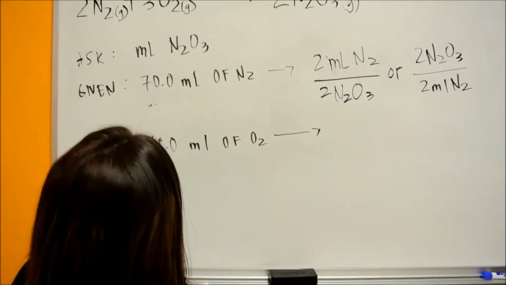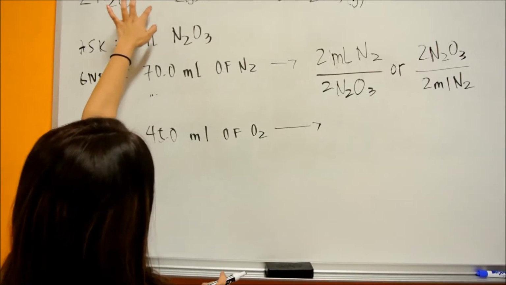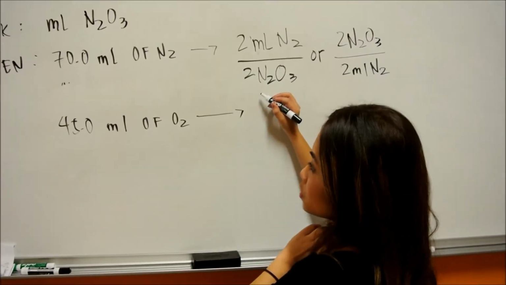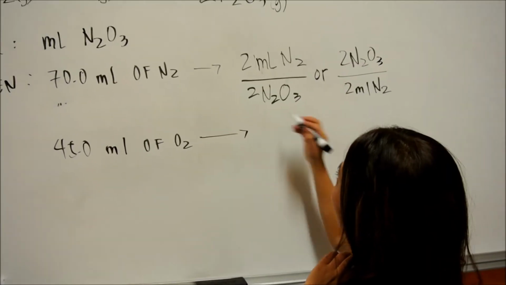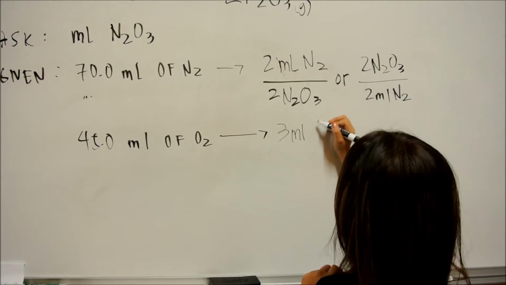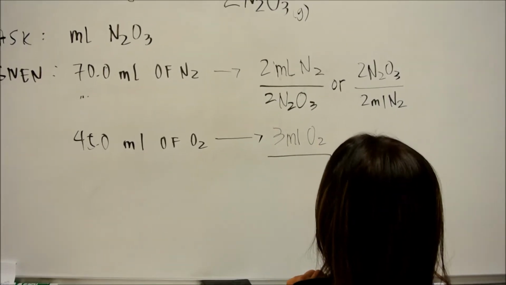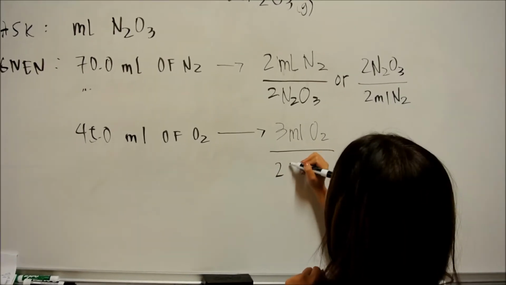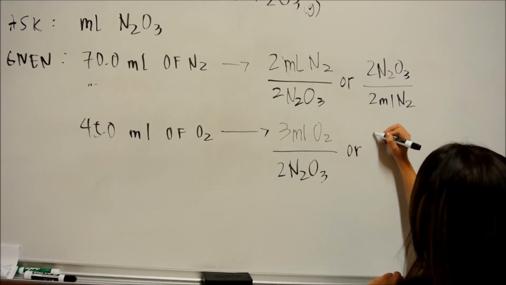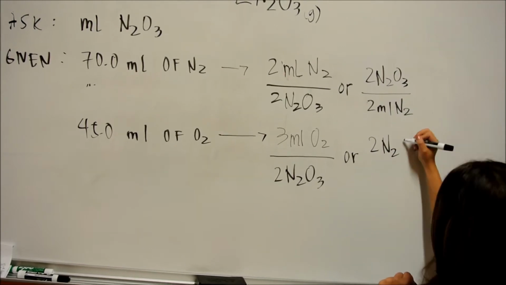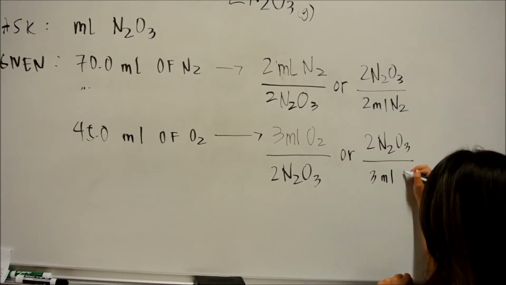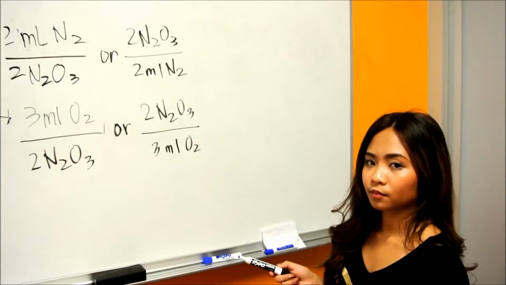Since we have a coefficient of 3 in the oxygen, we just have 3 ml of oxygen over 2 N2O3, or 2 N2O3 over 3 ml of oxygen.